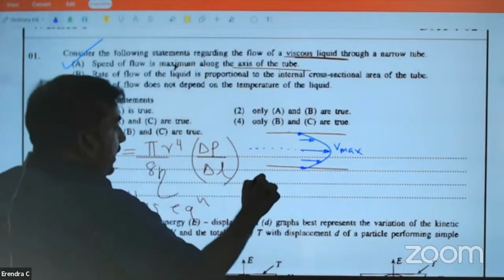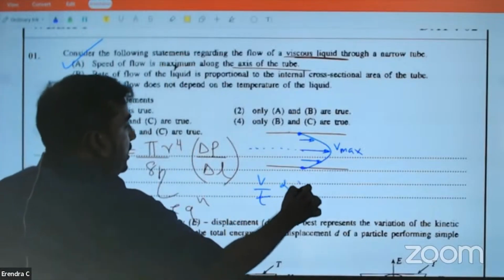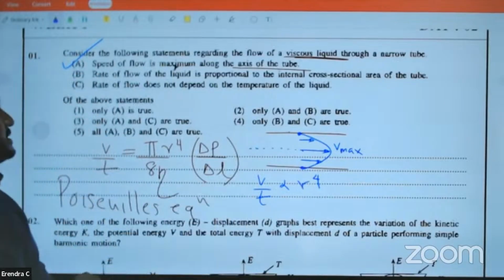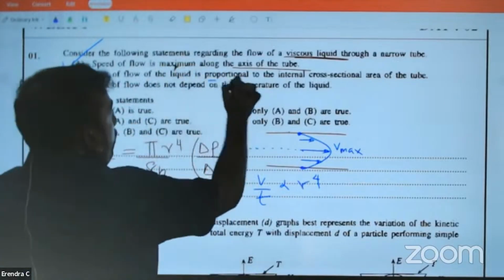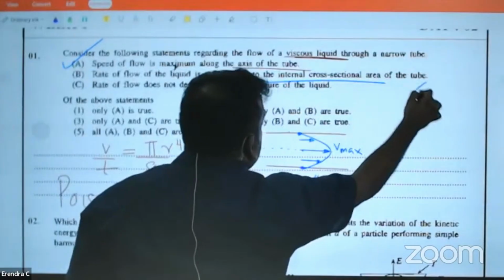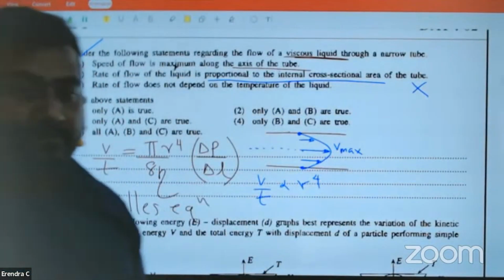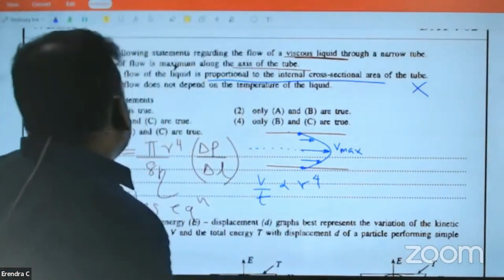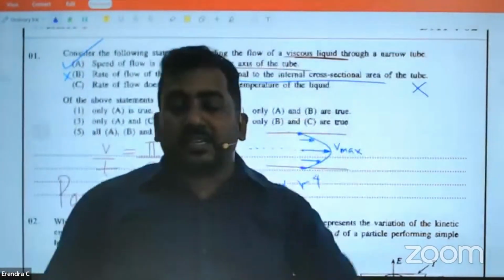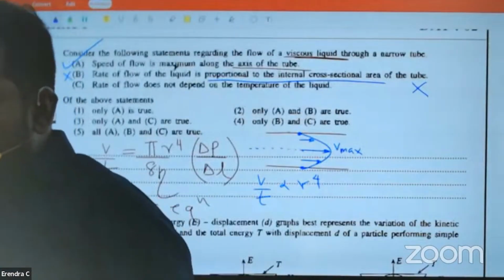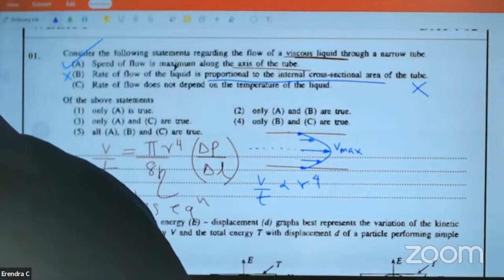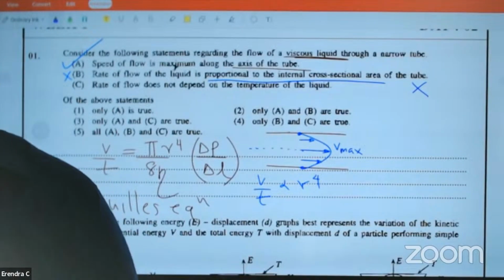So volume flow rate is directly proportional to the 4th power of the radius. So saying it is proportional to the internal cross-section is a wrong statement. You can't take B. In the relationship, pi is coming due to the proportionality constant.